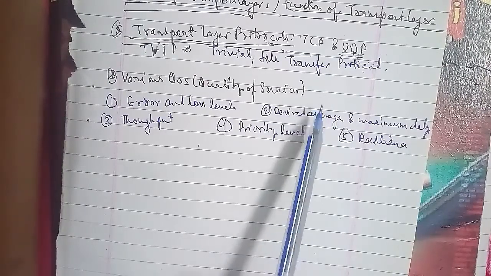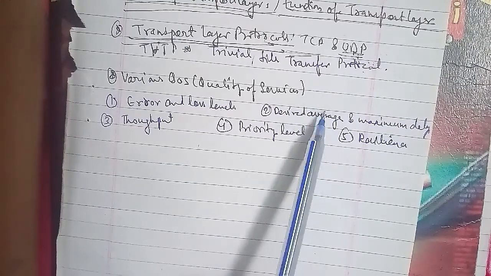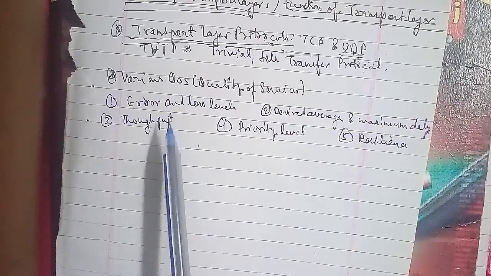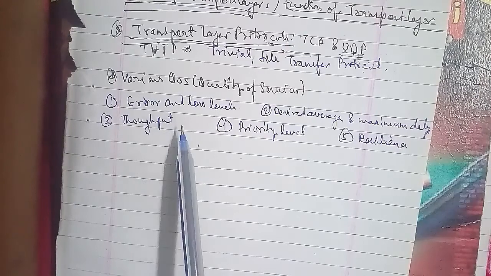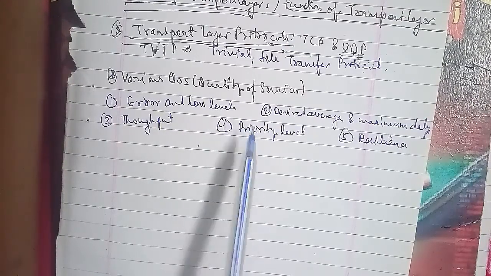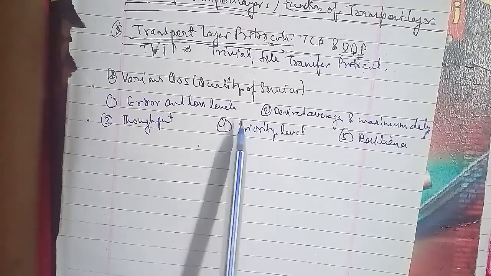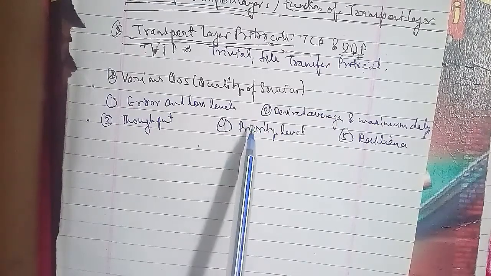The connection establishment delay is the time to establish a connection, and the connection establishment failure probability is the probability of a connection not being established within the maximum establishment time as well. With reference to throughput, that is the bytes transferred per second measured over a time interval. The transit delay is the time between sending a message and receiving it on the other side, measured by the transport entity.